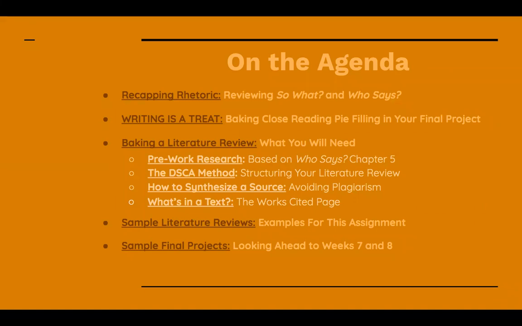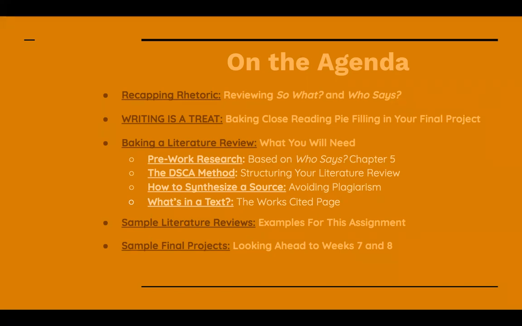From there, we'll talk about baking a literature review and specifically what you will need to complete your literature review assignment. There are 4 steps to my coverage of this literature review, the first of which is pre-work research based on Who Says Chapter 5, namely because I wanted to make sure that I could cover some aspects of the textbook that we don't have the time to talk about in the course of the semester because this is an accelerated course. And so I wanted to cover some things that you would not have seen yet.